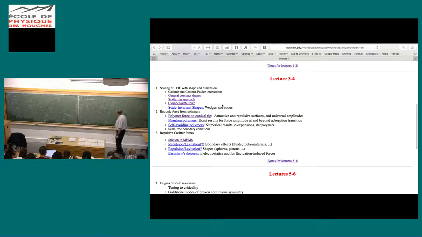Okay. So let's build towards calculating what this entropic repulsion from the polymer is going to be. Okay, let's start with some preliminaries about polymers.